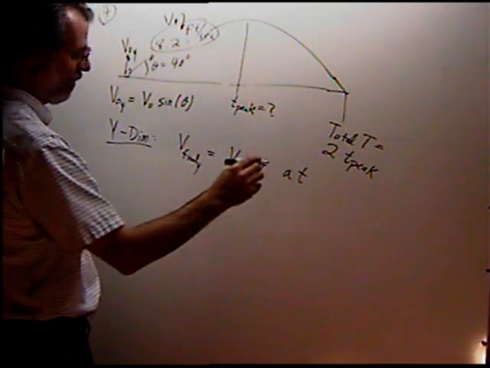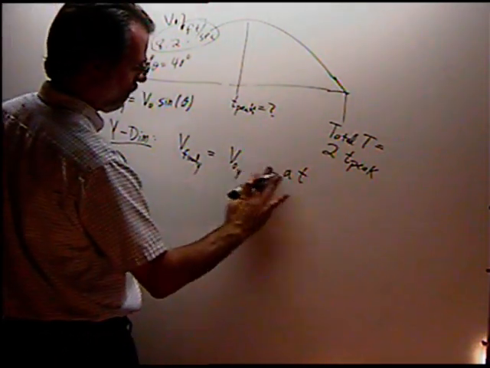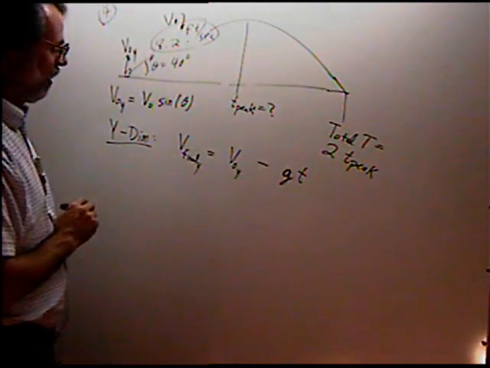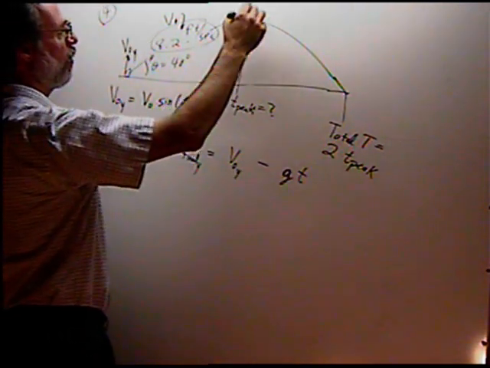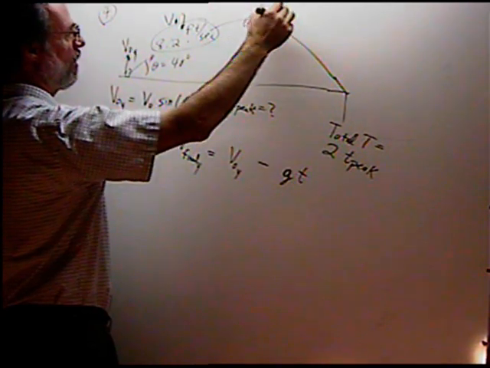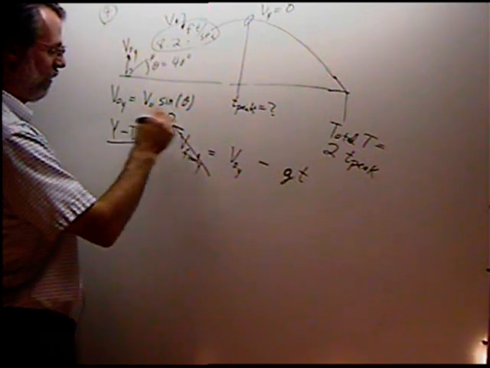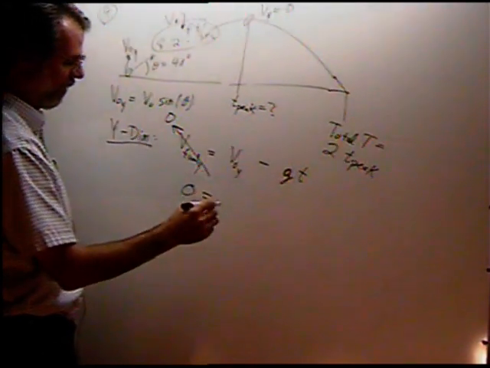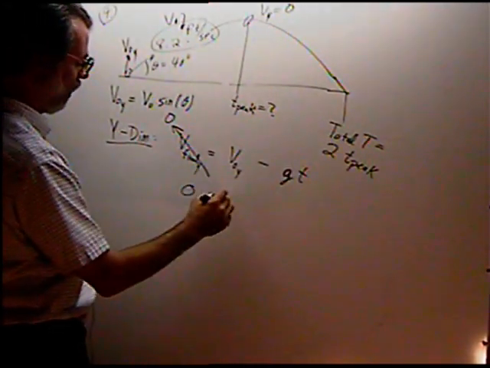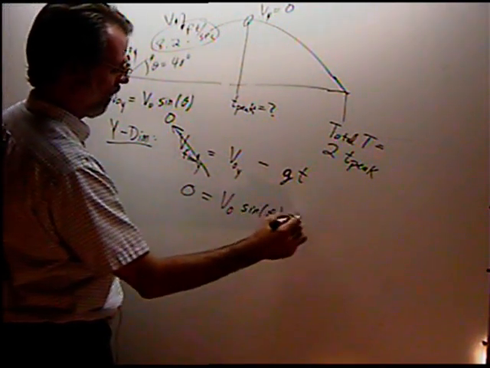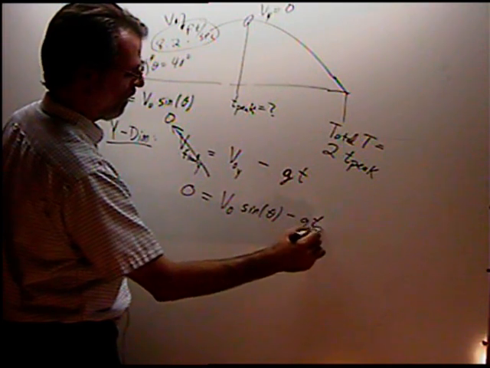Since this is the y dimension, the acceleration is minus g. And we know that right up at this point, the y velocity is 0. So 0 equals the initial velocity in the y component, minus g times t, the time to peak.